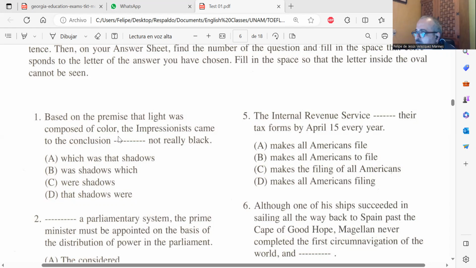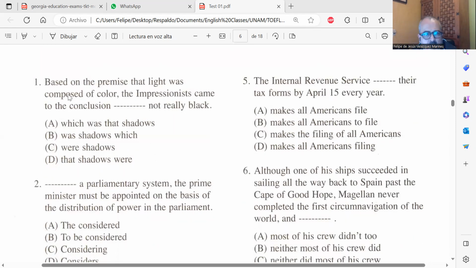Okay, a person who does not have experience answering these exams says, based on the premise that life was composed of colors, the impressionists came to the conclusion. What is impressionist? Oh, I don't understand the premise. Oh, I suppose the answer is no. Okay, so this is what they do. What do you have to do?